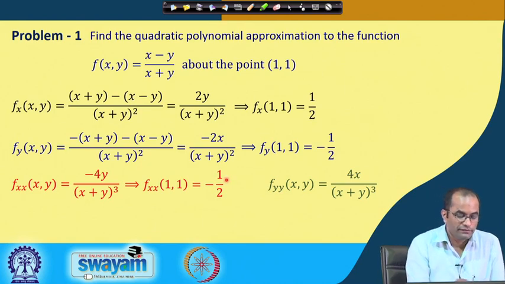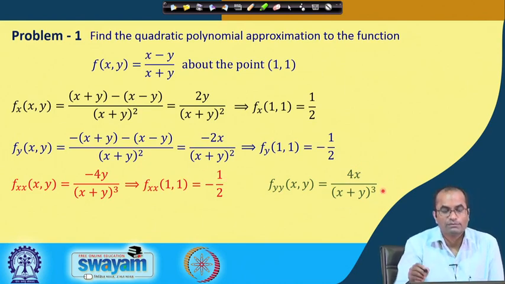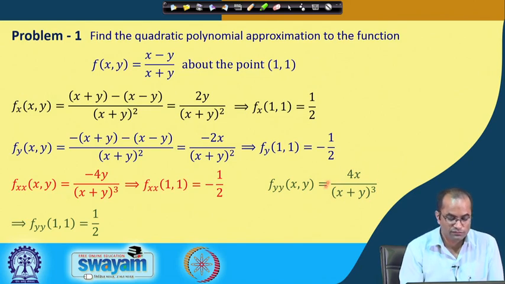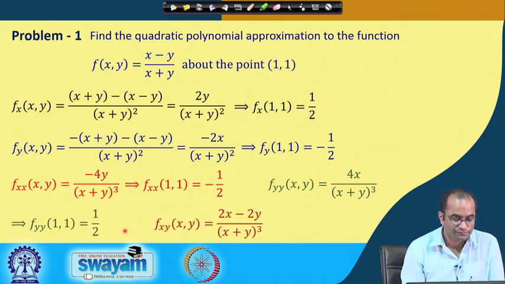Similarly, f_yy, when we differentiate this with respect to y, we will get 4x over (x plus y) cube, whose value at (1, 1) is again half. Then we substitute x and y as 1, 1, so we will get half there.